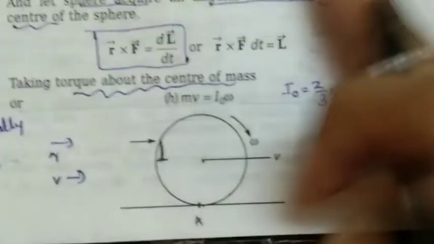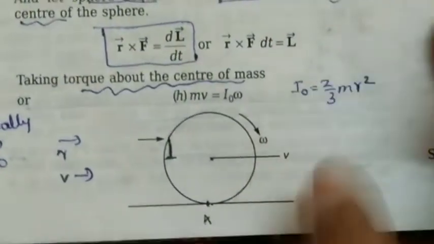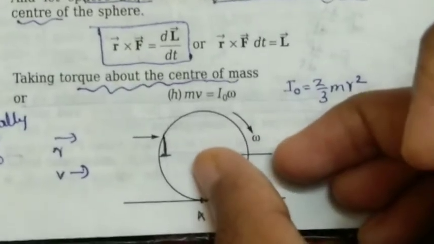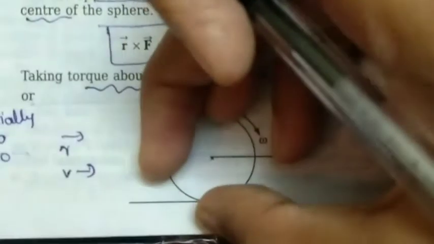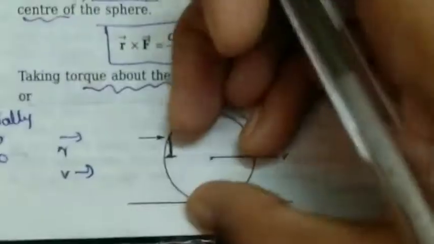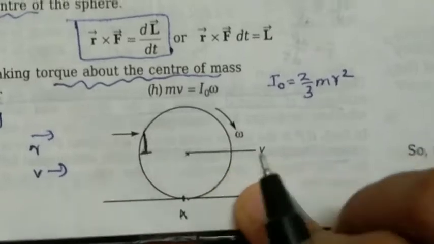If it is pure rolling, and it is moving forward only because of rolling, then how much it has moved from this point to this point is equal to how much the A point has moved on the circumference of the circle. That is nothing but pure rolling motion. So that's why in pure rolling motion we have v is equal to R omega.